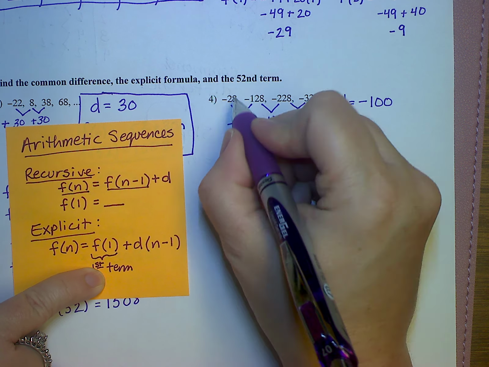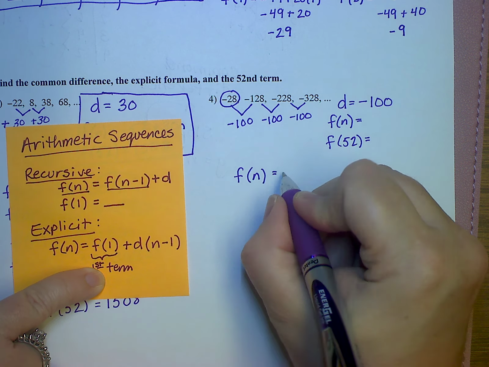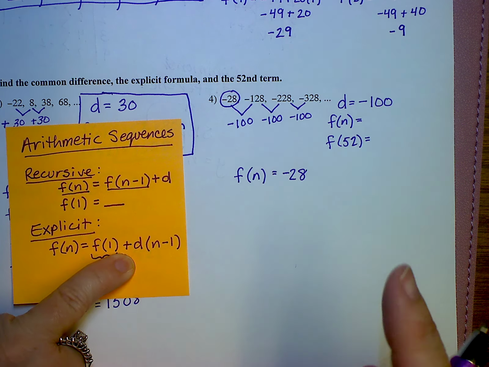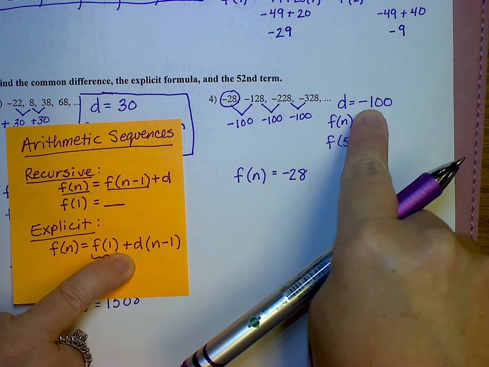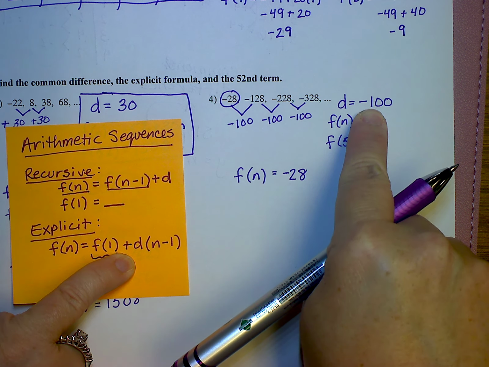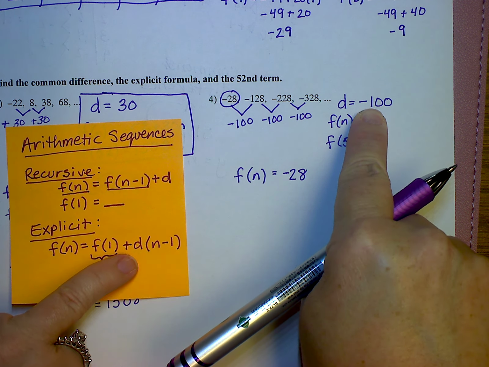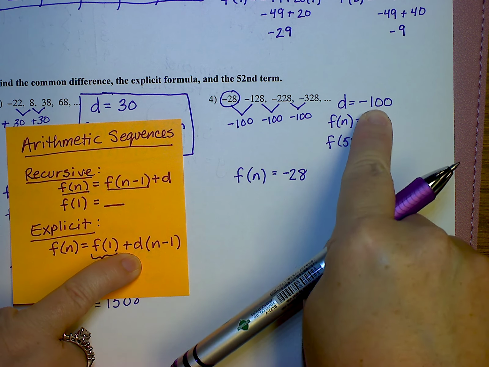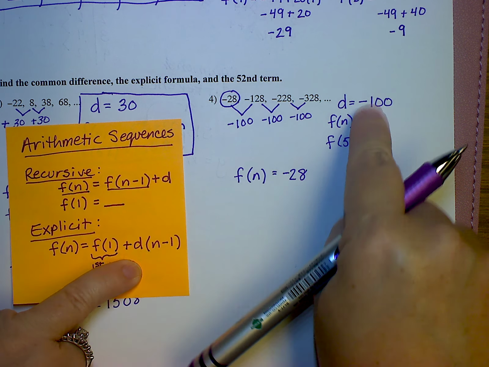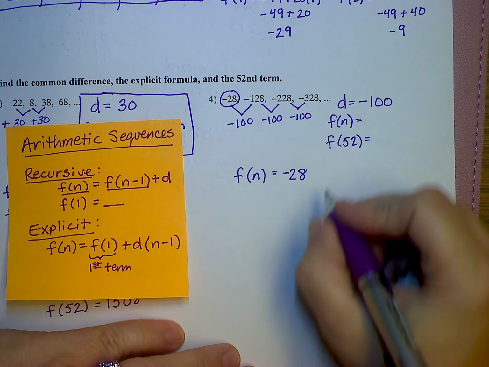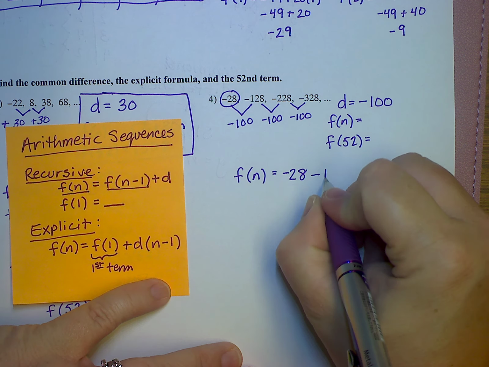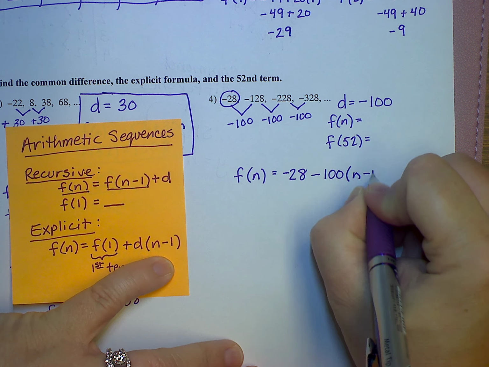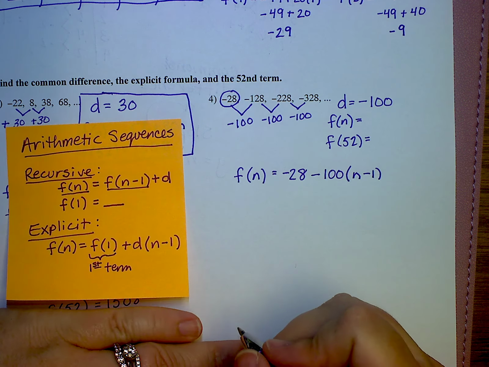What's the first term here? Negative 28. Now this says plus D, but my D value is negative. So I'm going to either write plus negative 100, or what can I write instead of plus a negative? Subtract. I can just write minus 100 and then n minus 1 in parentheses.